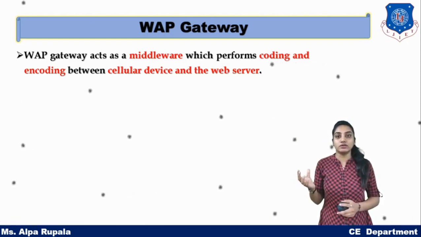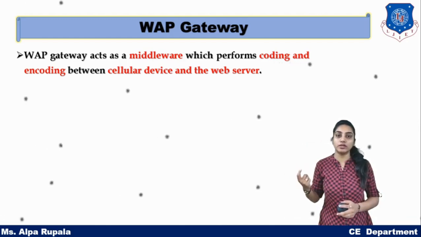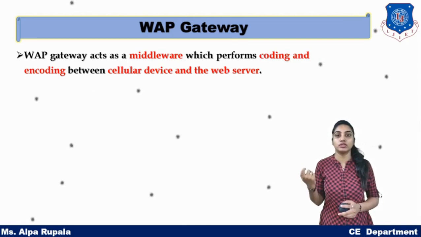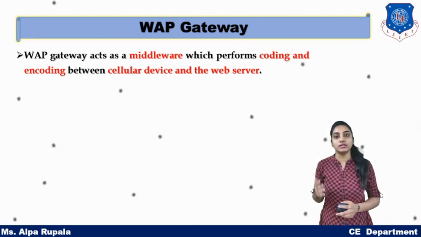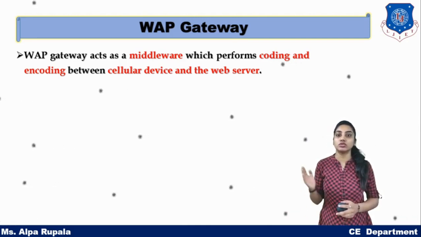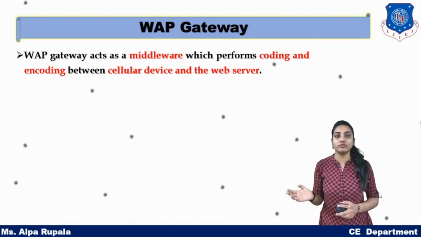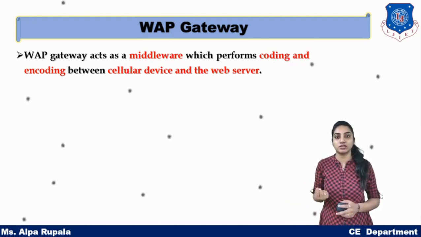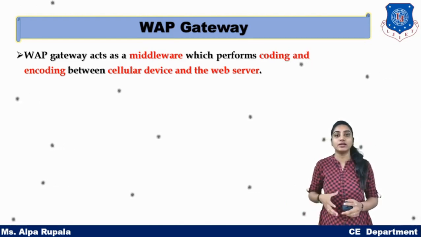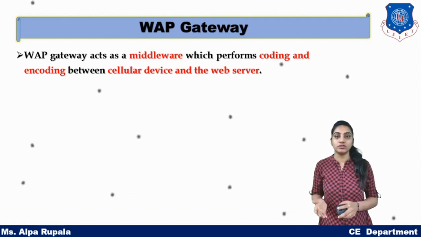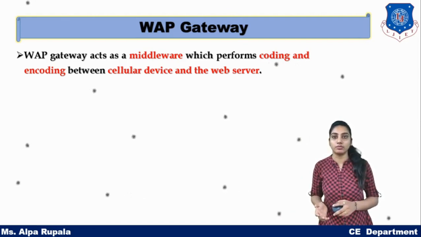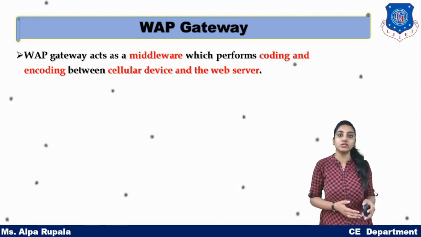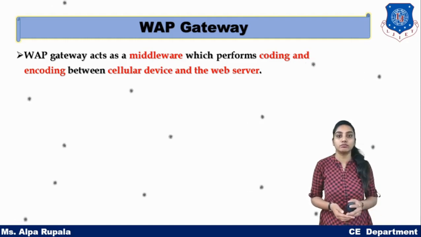For the server pages, the web gateway will take the help of the content manager. That content manager will go to the server, get the original data from that server, and convert it into binary code, the lightweight code. Then it will give the content to the web gateway, and the web gateway will transfer the data to the web browser.